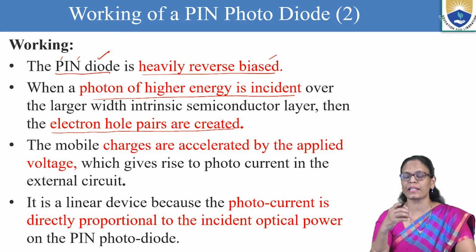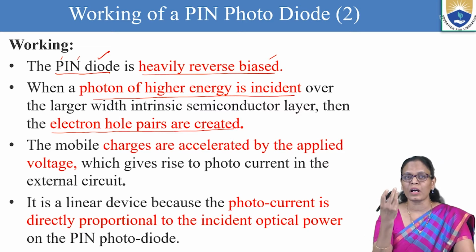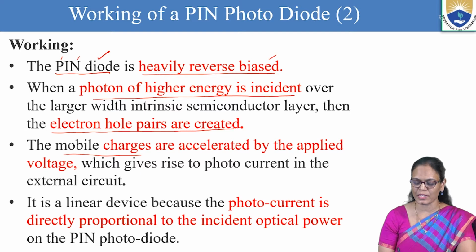Whenever an electron comes out from a particular site, a hole is developed. A hole is nothing but a deficiency of electrons, so they are always created in pairs. When we allow light to fall onto the intrinsic layer, meaning photons are incident, these electron hole pairs are generated because of the energy incident on the intrinsic layer, and these mobile charges are now accelerated by the applied voltage.